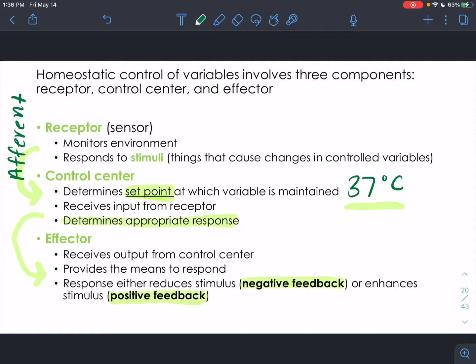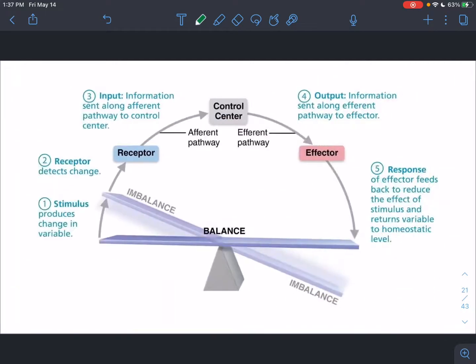Then your control center sending information to the effector is called your efferent pathway. So receptor sends information through the afferent pathway to the control center. Your control center sends information through the efferent pathway to the effector. All right, and this is shown on the next page.